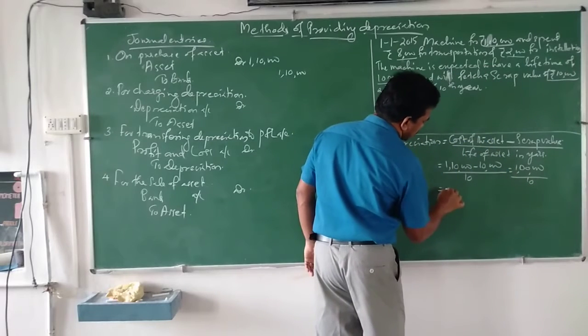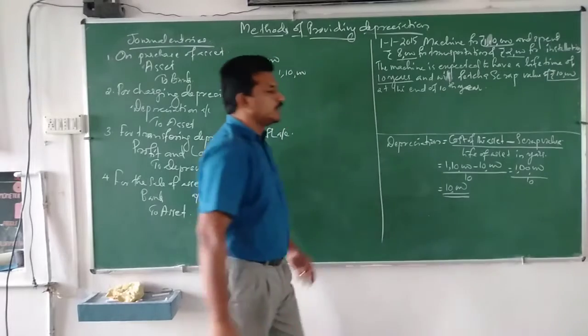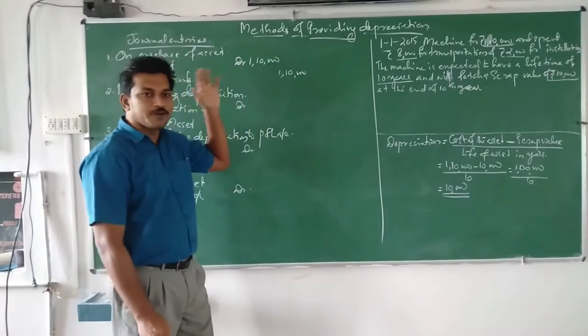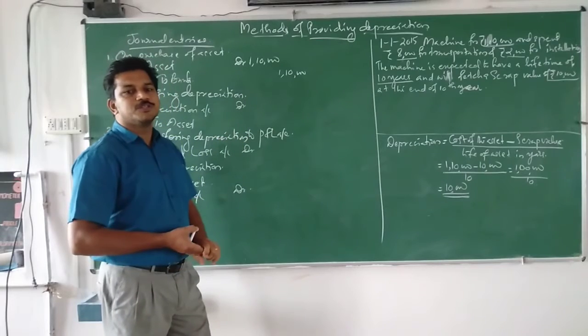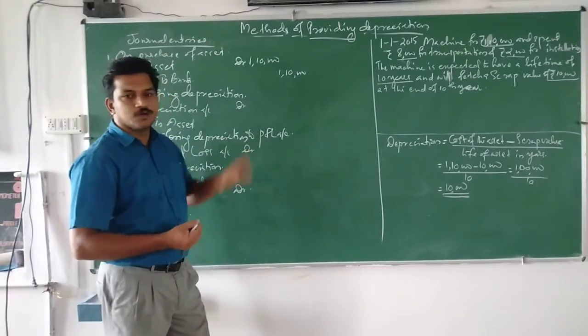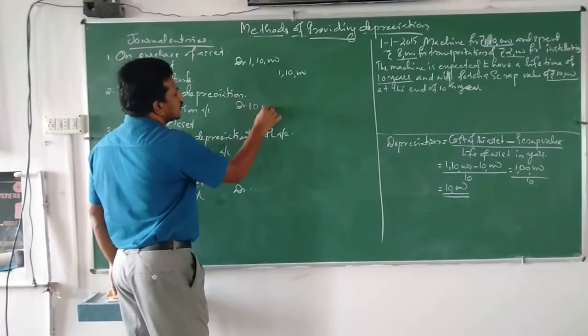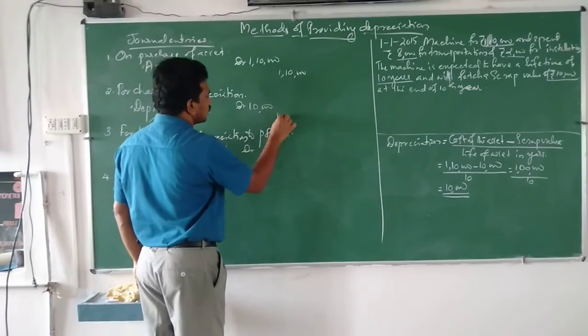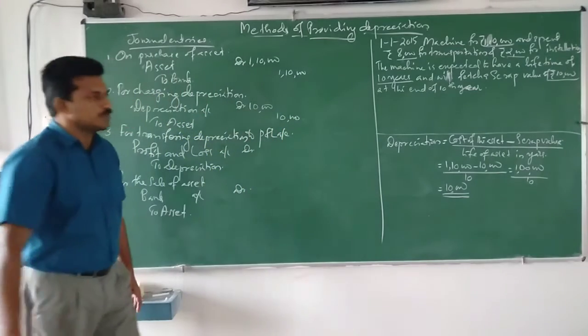So every year we can write off 10,000 depreciation. Suppose we are following the fixed installment method, every year we can write off depreciation at 10,000 rupees. So we will write here 10,000 depreciation to asset.